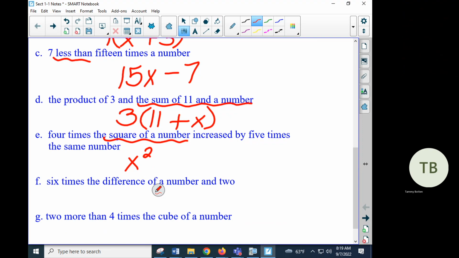Now I want to take this increased by 5 times the same number x. So how do I do increased by 5 times that x? Yep, so 5x like that, okay? Now what I'm left with is I have to do 4 times this. Do you know what I would do then?